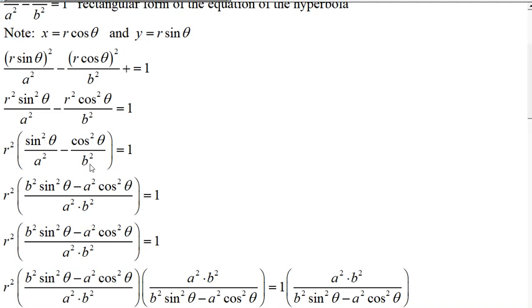We cross multiply: b squared sine squared theta minus a squared cosine squared theta, the whole thing divided by the product of a squared and b squared. So that's how we combine these two fractions.